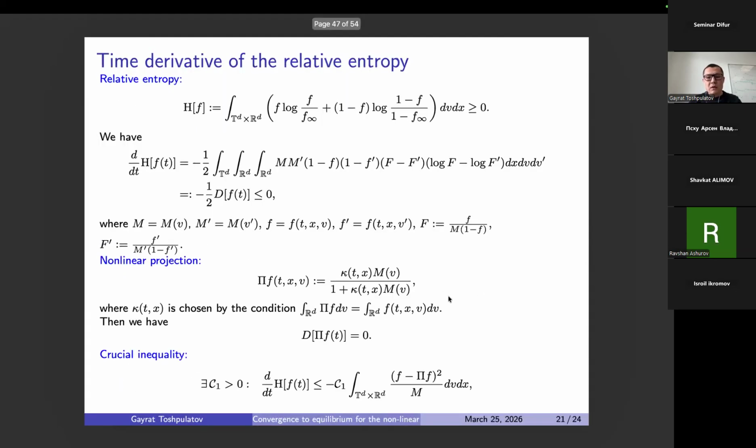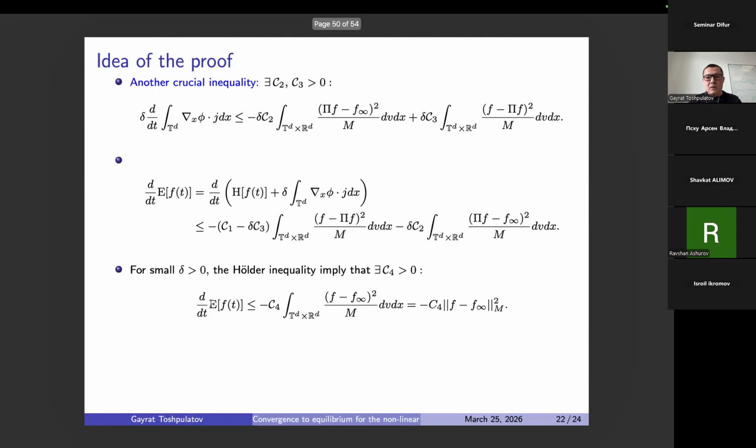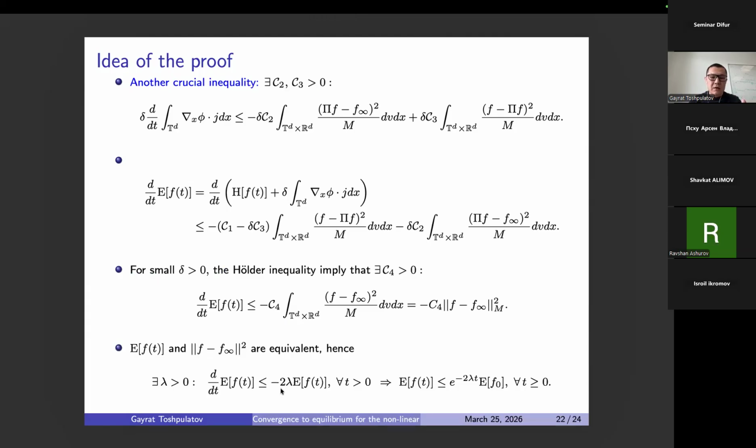Hence, in this estimate, I can replace this norm with E, but with a different constant. Hence, there exists some positive constant such that the time derivative of E satisfies this differential inequality, and I conclude by the Gronwall inequality that this functional decays exponentially.